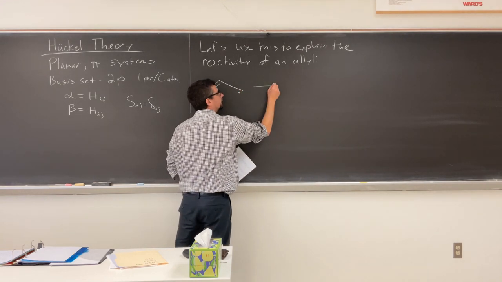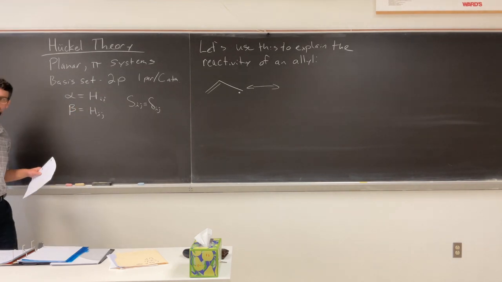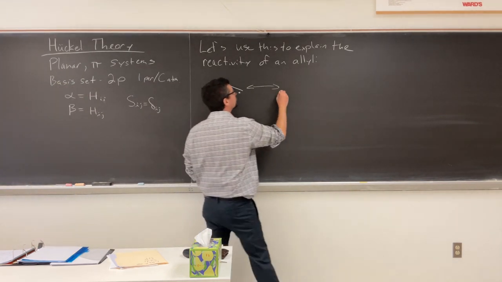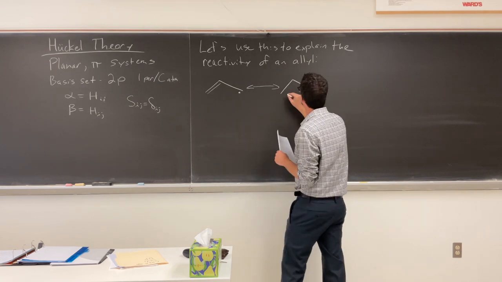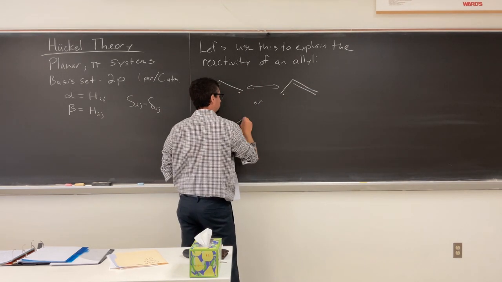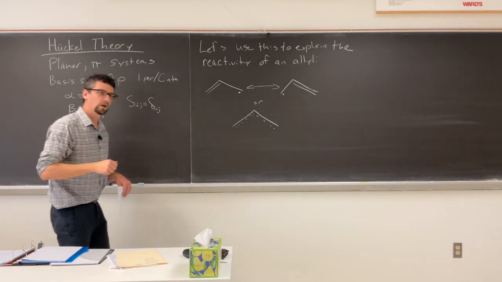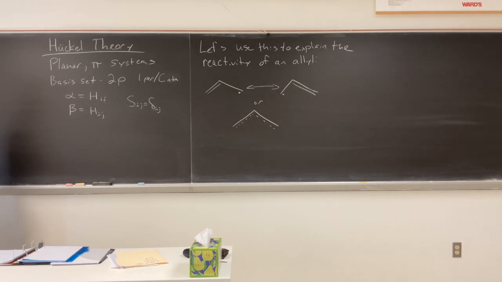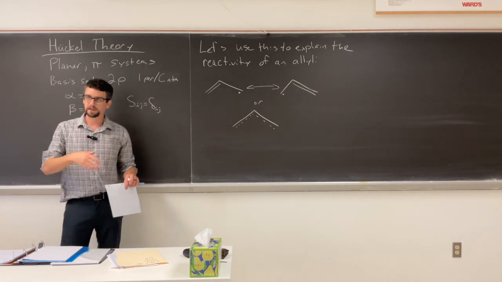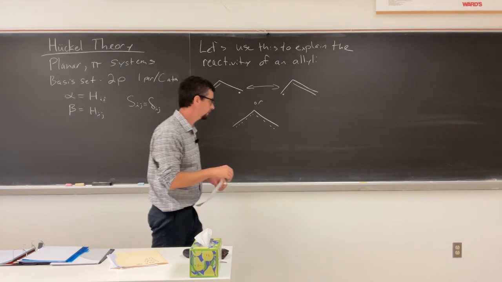That's an allyl. What's another way we could represent this thing with a Lewis structure? Yeah. And dotted lines. Okay. Now this system's delocalized, meaning the electron density is smeared throughout the molecule, correct?